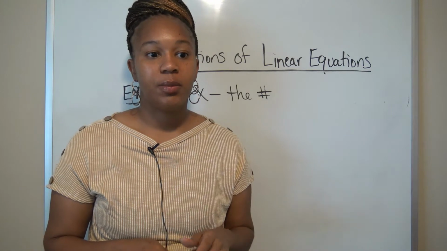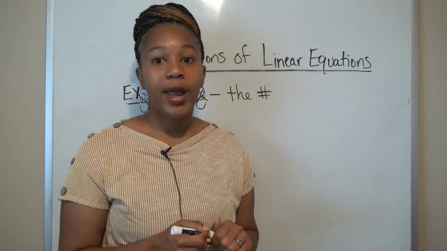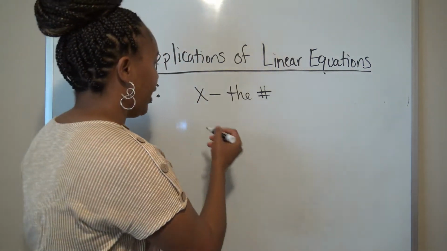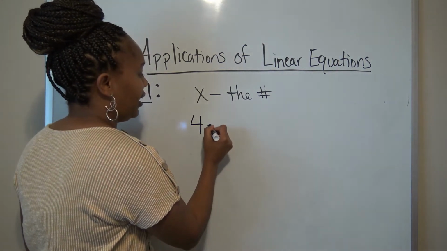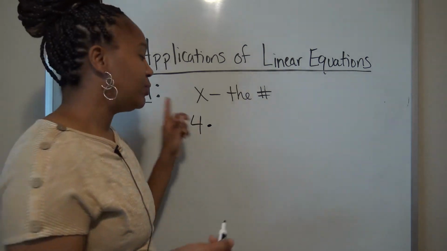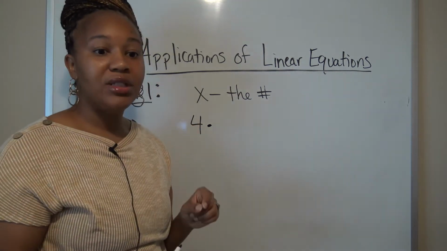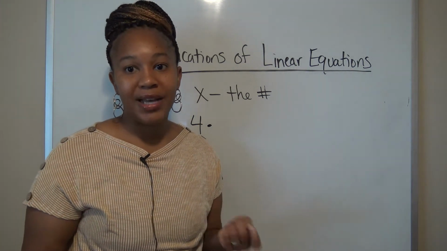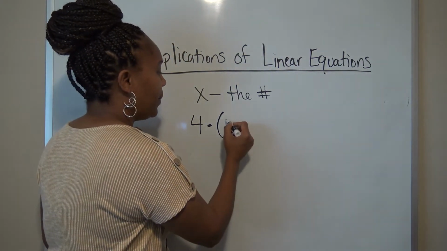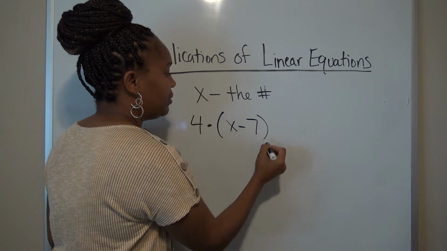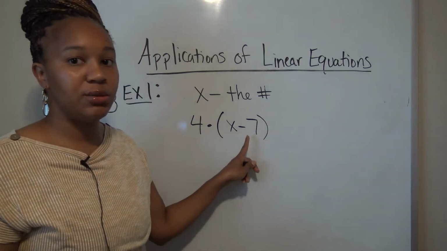So the product of 4 and a number: we have 4 times, and the "and" lets me know what I'm multiplying. I'm multiplying 4 and a number decreased by 7. The number is x, that's what we're looking for. But this number is decreased by 7. Decrease means to subtract.